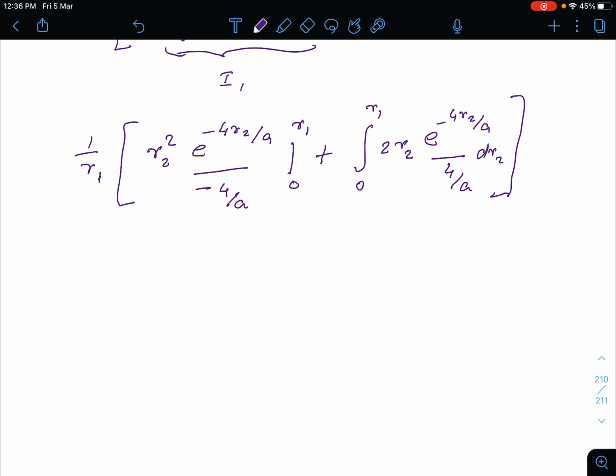So if I put the lower limit, this becomes 0 because r2 becomes 0, the entire function becomes 0.